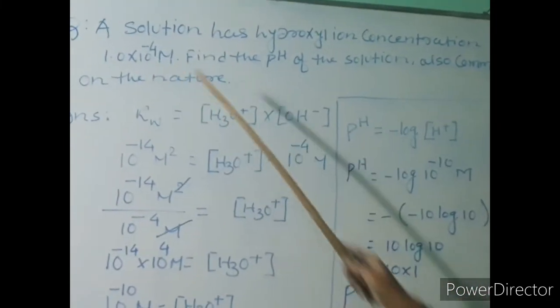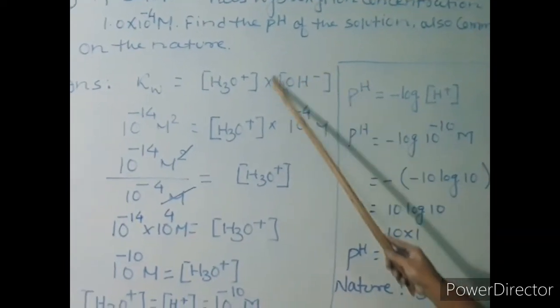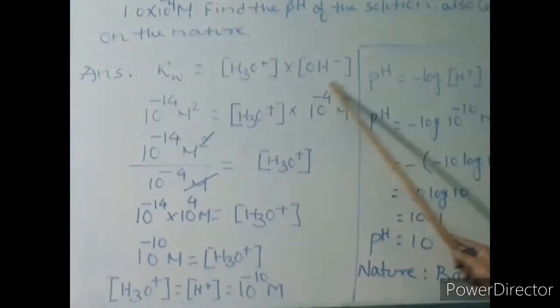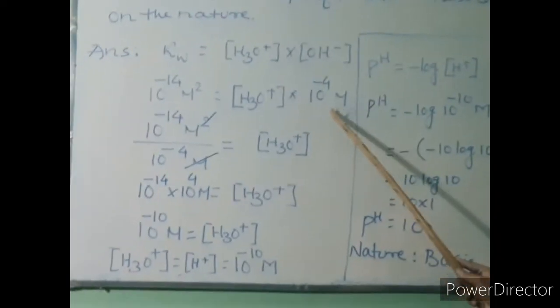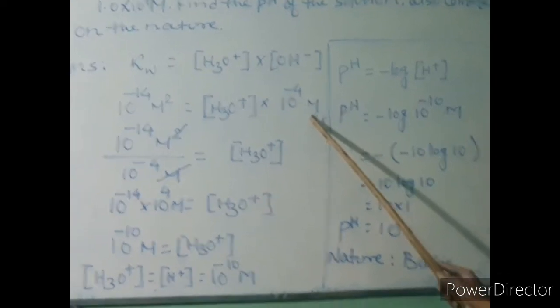The question gives us the concentration of hydroxide ion as 10 to the power minus 4 molarity, so in its place we take 10 to the power minus 4 molarity.